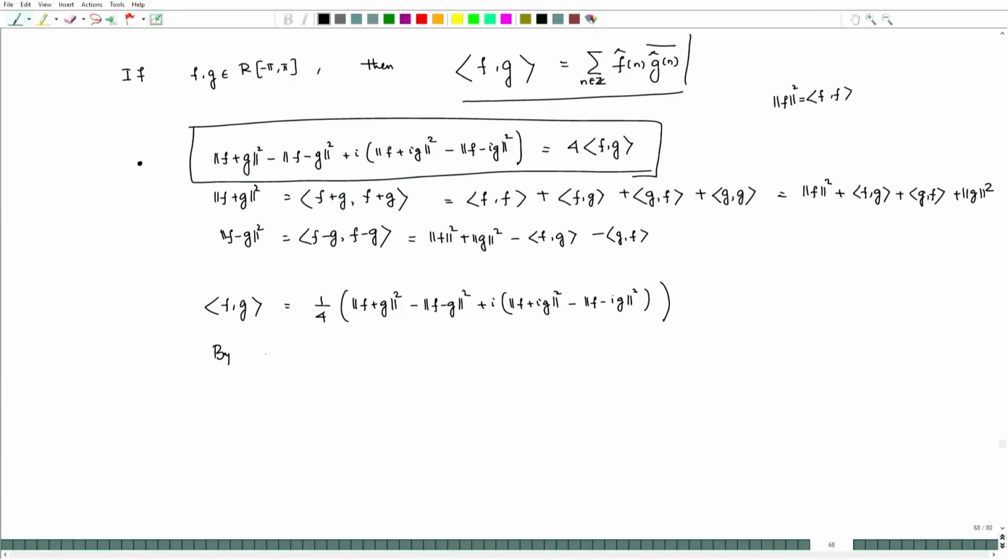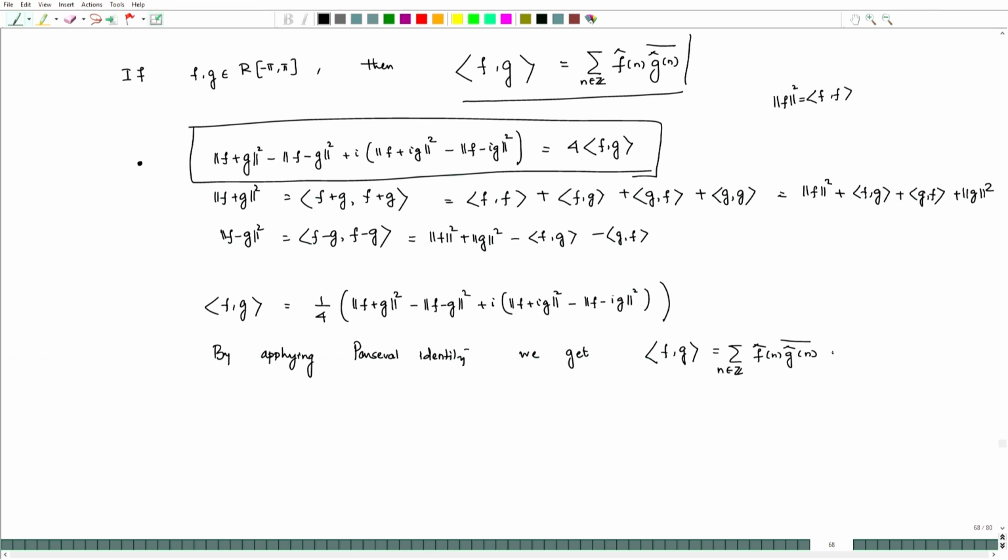By putting in the Parseval identity, with a simple complex algebraic calculation, you can get that this is nothing but the sum over n in Z of f hat of n times g hat of n bar.